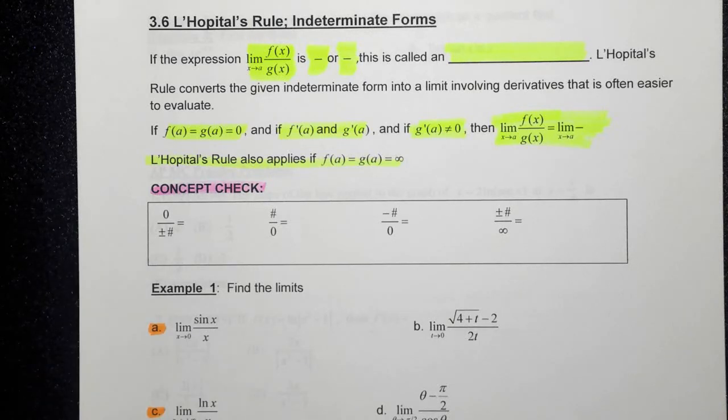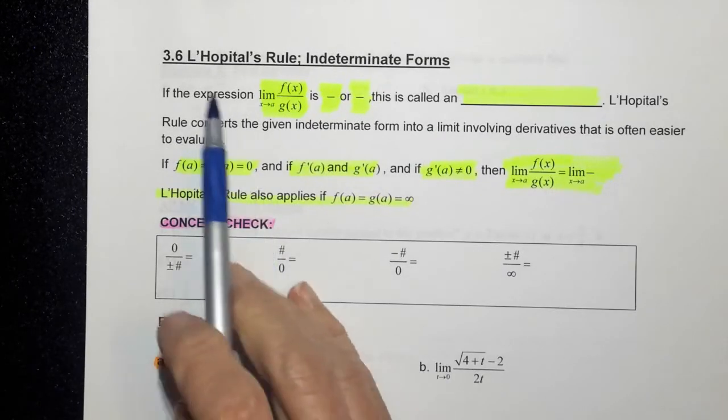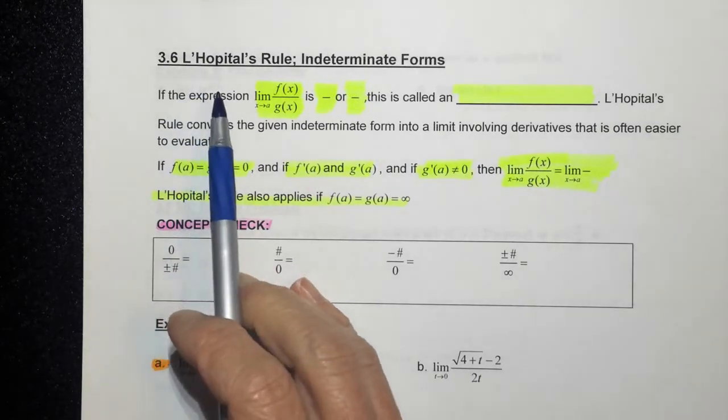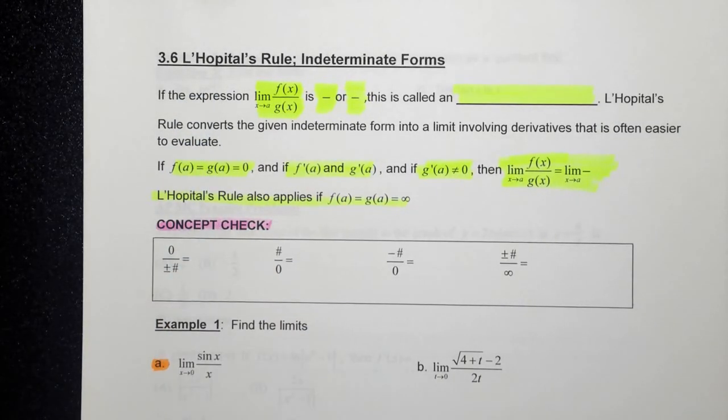Okay, in this last section of Unit 3, we will talk about L'Hopital's rule for indeterminate forms when you are evaluating limits. And remember, going back to Unit 1, our ultimate goal is to evaluate a limit using direct substitution.